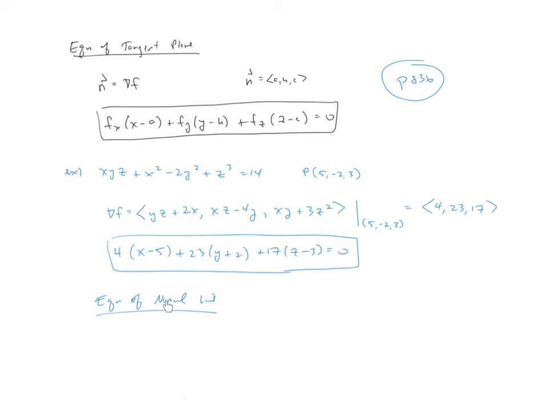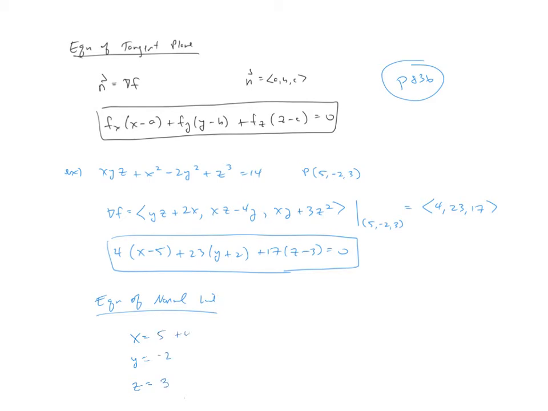But since it's a normal line, we're going to be able to get away with using that same 4, 23, 17 for the coefficients on the parameter. So conveniently our x, y, and z are just going to be a matter of filling things in. If you remember from a couple chapters ago, that would have been a 5, negative 2, 3.